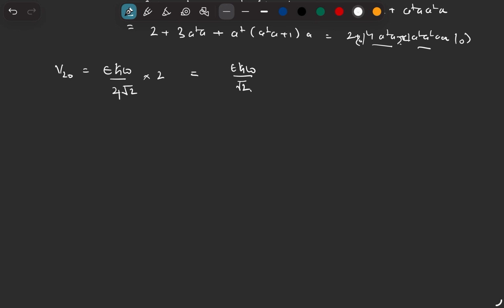So now we got the first order correction, obviously, and for the second order correction, what we got is, your second order correction in principle has to be the square of it, so it has to be h bar squared omega squared upon 2, and it has to be multiplied by the energy difference between the two states.